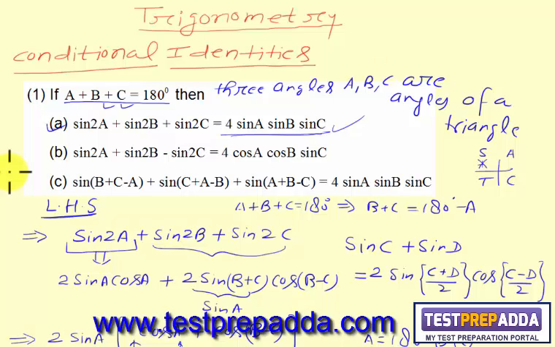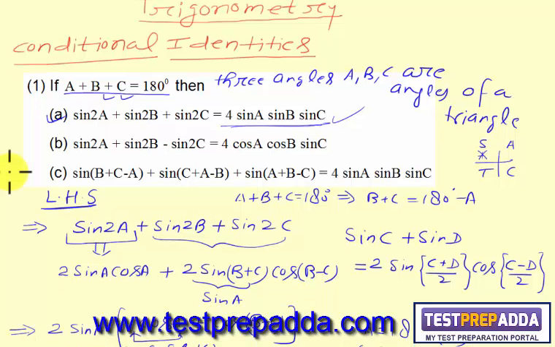They will give you a question in such a manner, although they will not mention that A plus B plus C is equal to 180 degrees, or they will not say that the angles are angles of a triangle, but indirectly they will give you such angles that A plus B plus C will be 180 degrees. So in the exam you have to be alert.